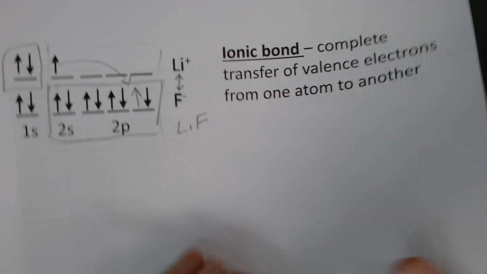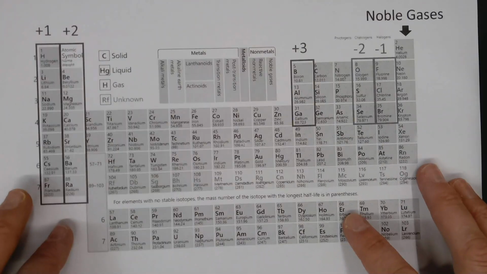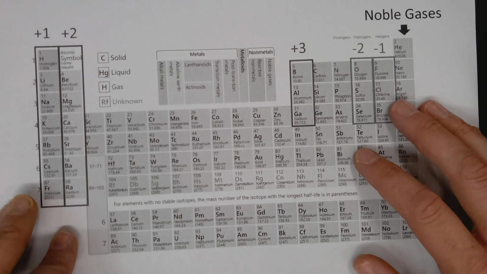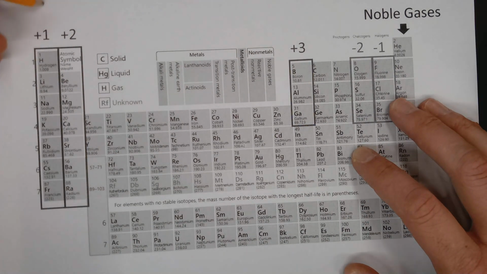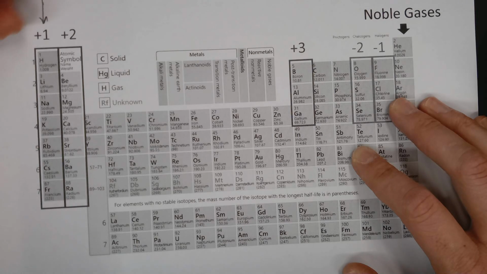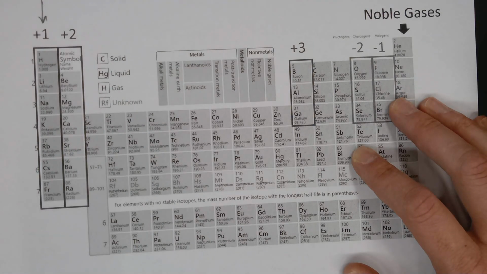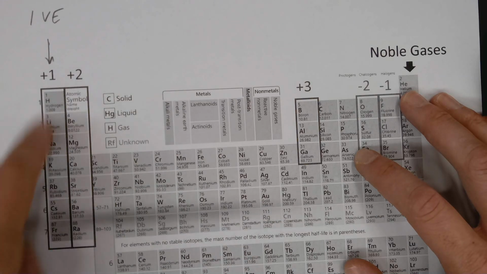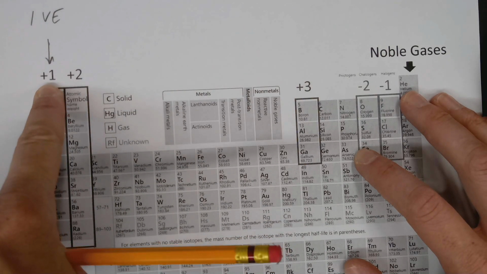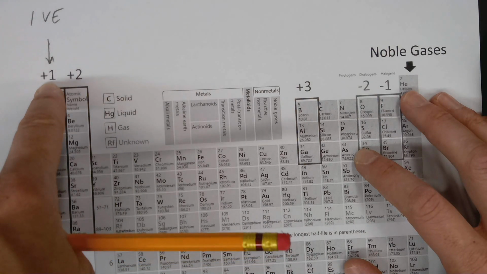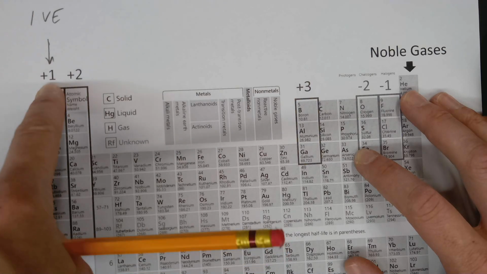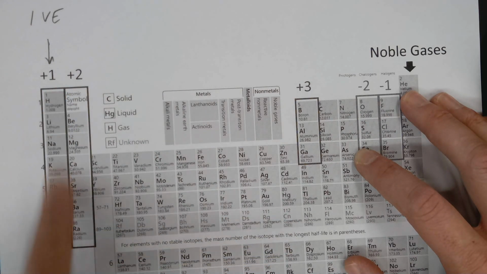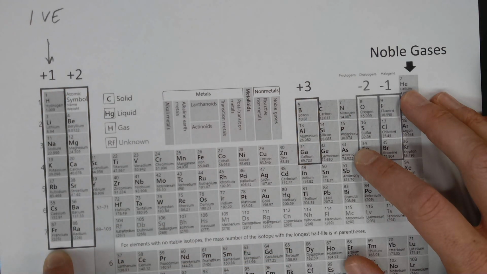Now, there is a pattern on the periodic table. Elements in the first column, or the first group, all have 1 valence electron, and so they're all able to give away that valence electron and form +1 ions. An ion is just a charged atom, so they can form +1 ions or charges.